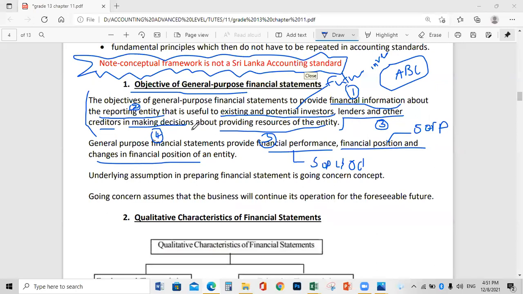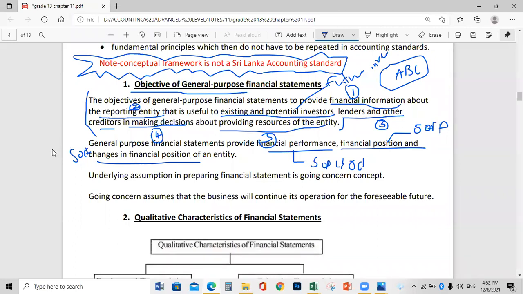Guys, another word. Now, if you take the statement of cash flows, the statement of cash flows provides information about the changes in financial position.